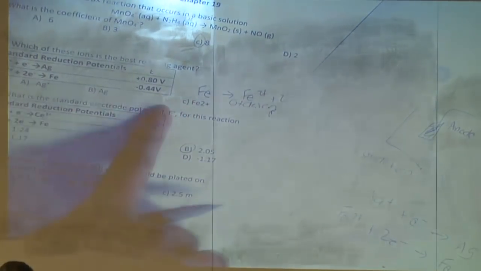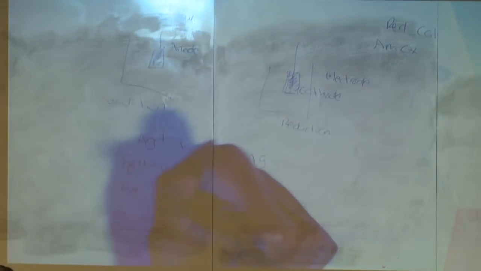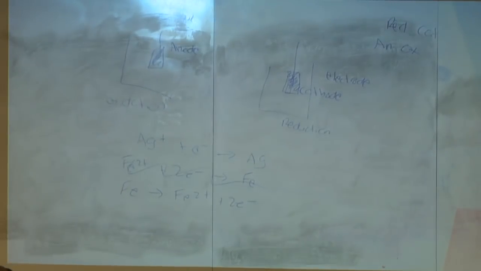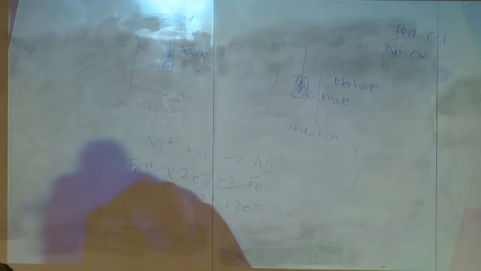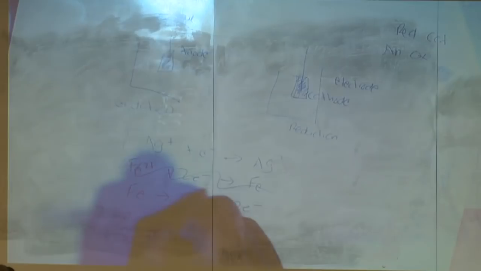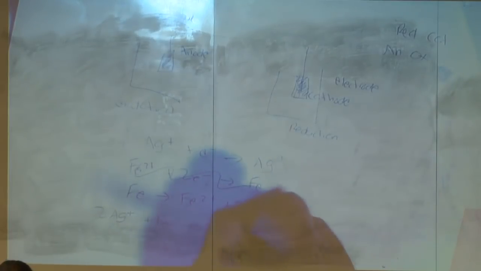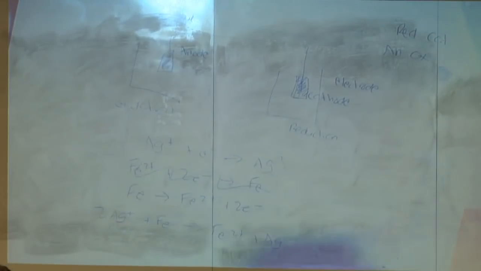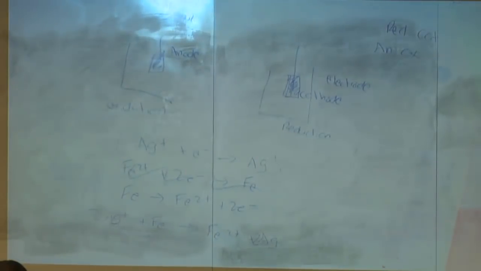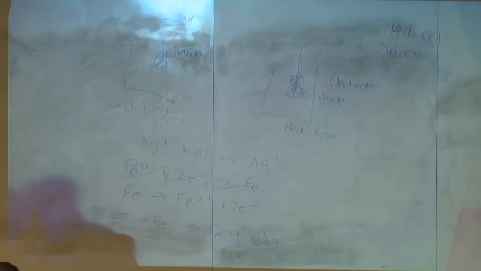So I'm flipping the Fe part. Now to make the electrons equal, you would times this one by 2. So this whole reaction in one line looks like 2Ag+ plus Fe turns into Fe2+ plus 2Ag. Okay. So when they give you a problem like this, they'll probably give you this line right here.